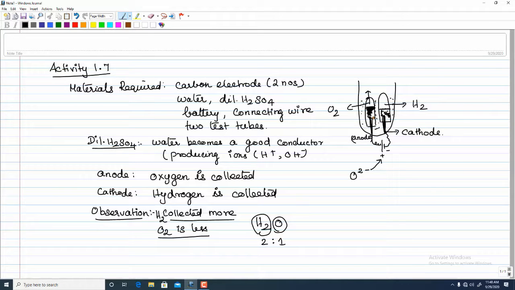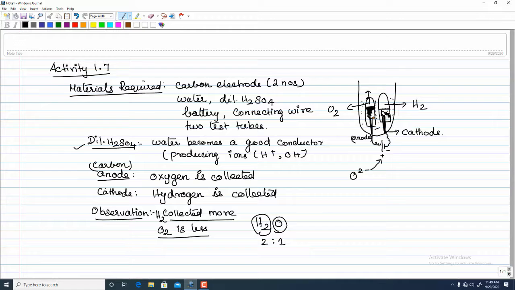In this activity, the main two questions they will ask are these. What is the use of dilute sulfuric acid? Dilute sulfuric acid makes the water a good conductor, because it is very helpful in producing ions. Only when the ions are produced will there be movement towards the electrode. The next question is: name the electrode used as an anode. You can write carbon electrode or graphite electrode, both are correct.